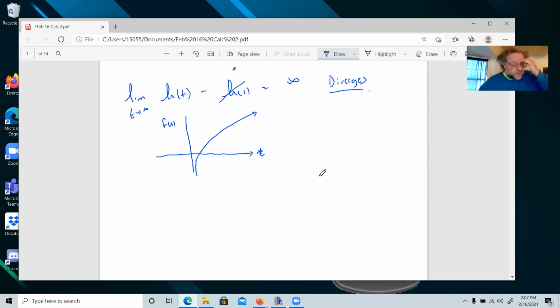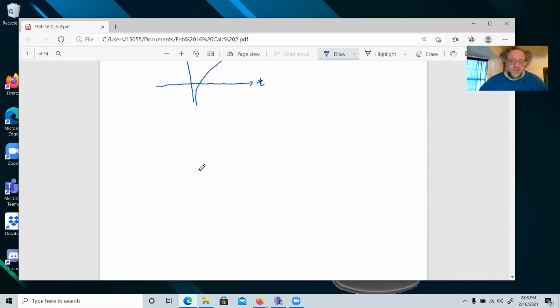So I've got a couple of other cases that are pretty famous or pretty well known, so I'm going to watch out for. How about we try this one? This is the integral from negative infinity to positive infinity of dx over 1 plus x squared. Now you need a stopping point in the middle. I'm going to pick the obvious one, 0.